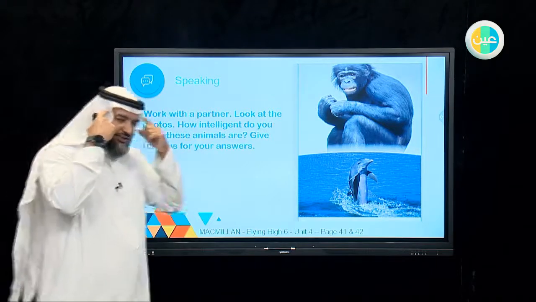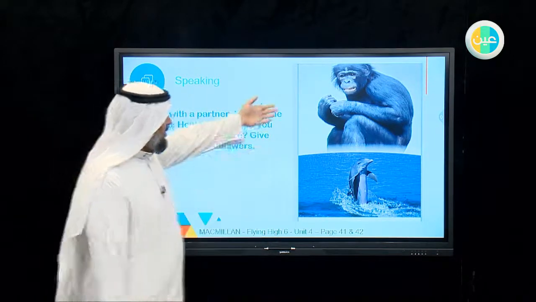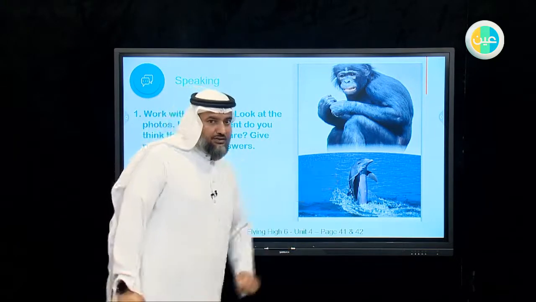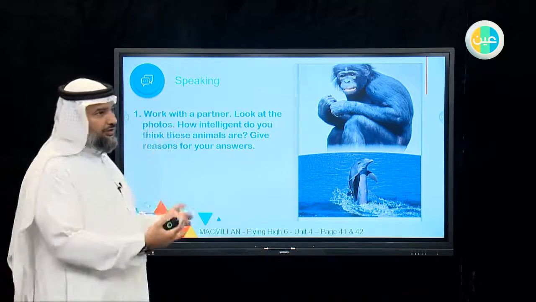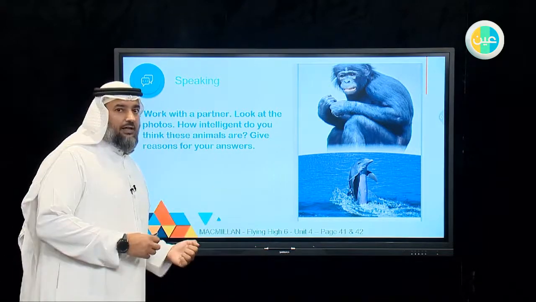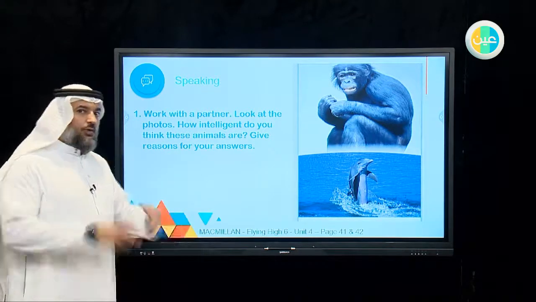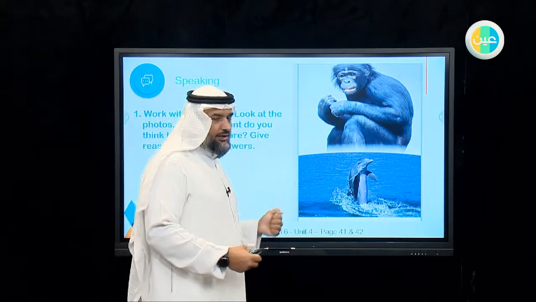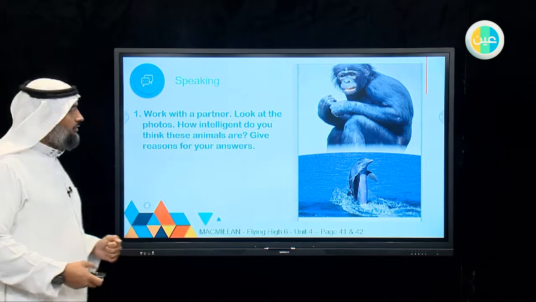Intelligent means the key. Okay, how intelligent do you think a monkey is? Or how intelligent do you think a dolphin is? So what do you think? Are they intelligent or not? Which one is more intelligent than the other? Give reasons for your answer. Why do you think they are intelligent? Why do you think a chimpanzee is intelligent? Why do you think a dolphin is intelligent?